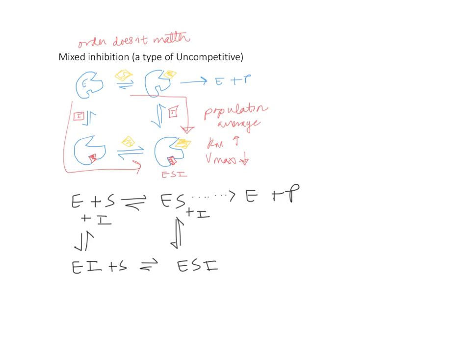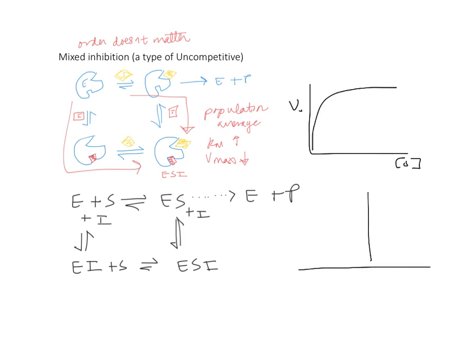So the Michaelis-Menten, again, black is without inhibitor. Okay.